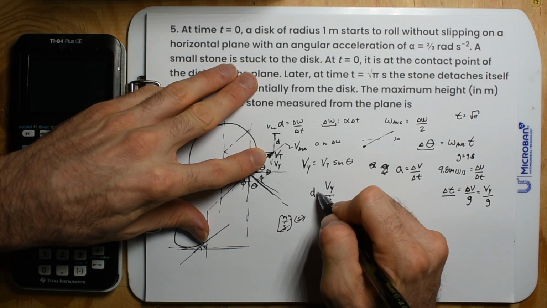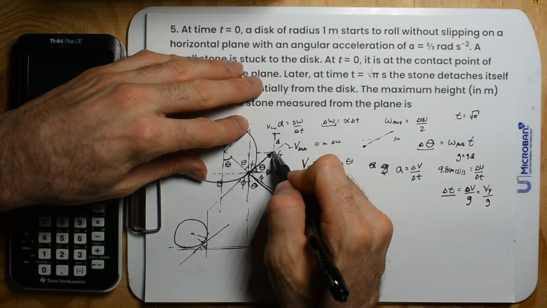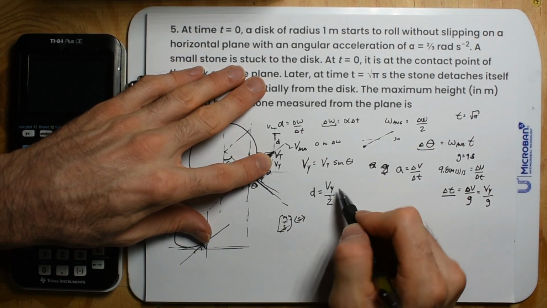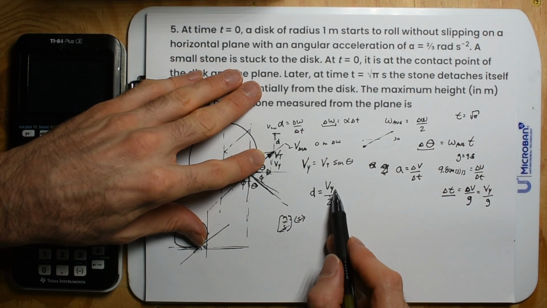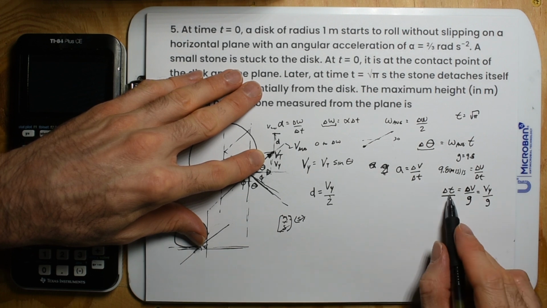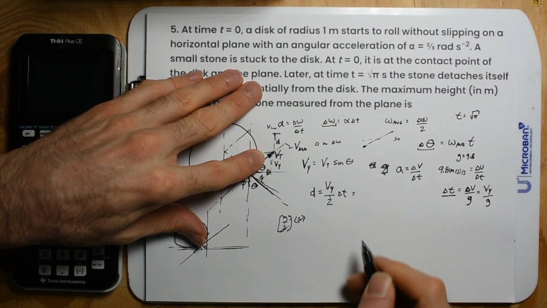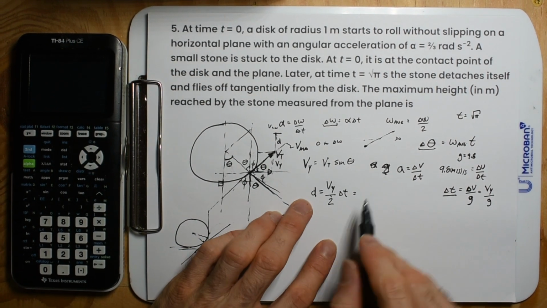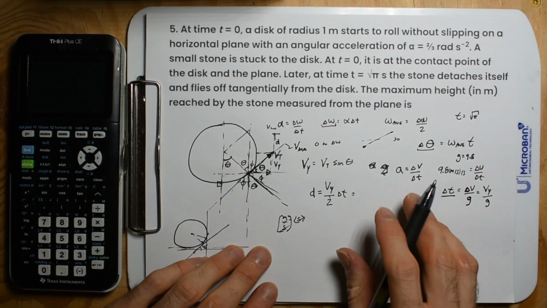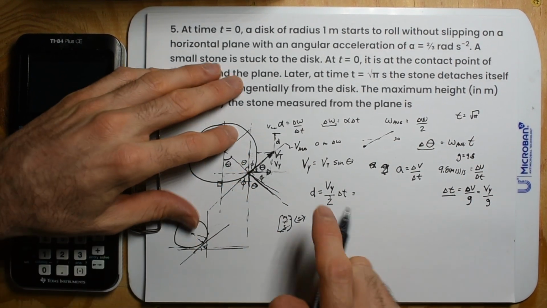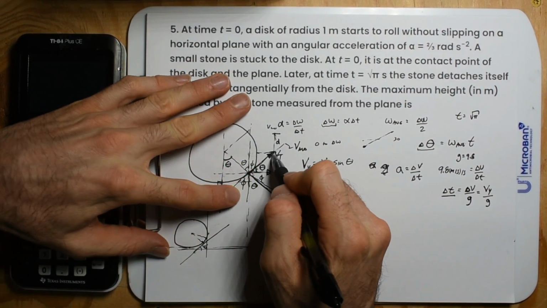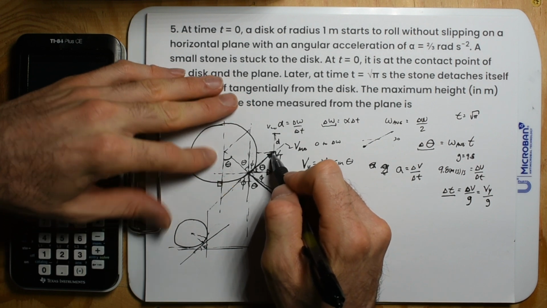So the vertical distance from that location is going to be the average velocity, Vy over 2, times the change in t. So now we can really throw it all together. But our final equation has to be this d plus whatever height we're already at.